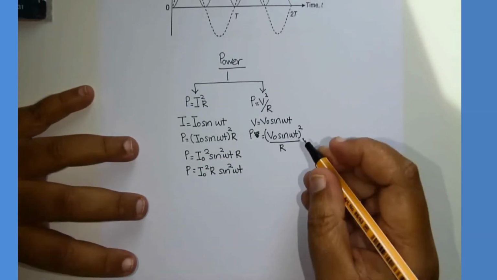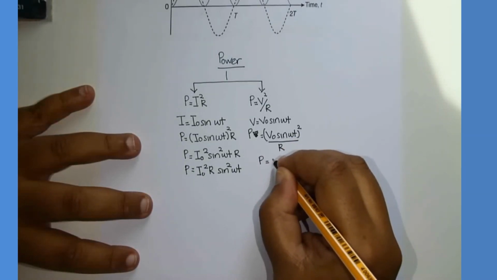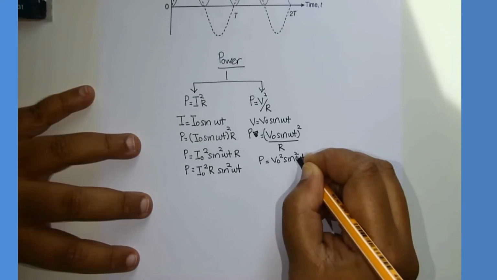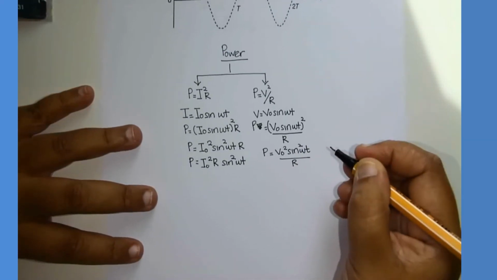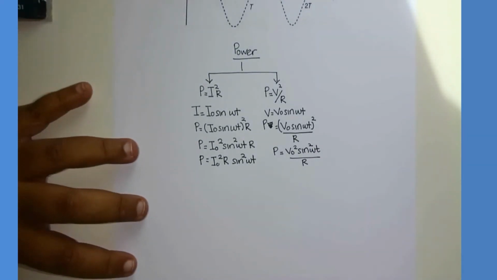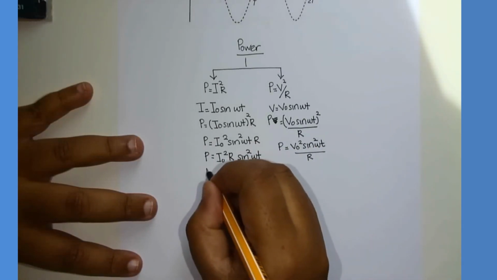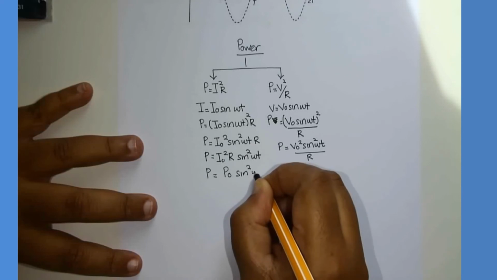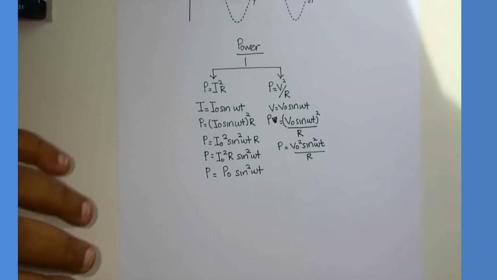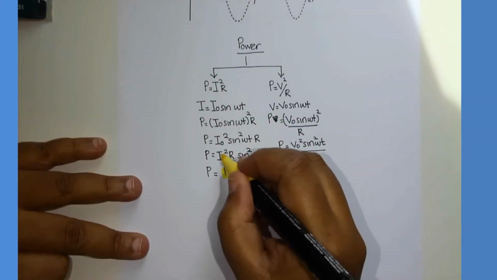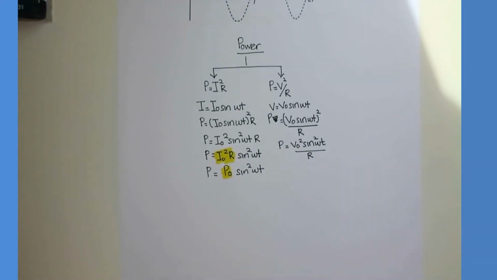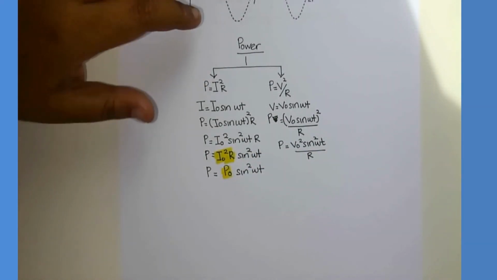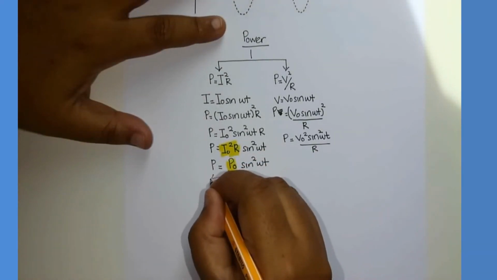Or if I use this formula, I get P equals V naught square sine square omega t over R. So therefore, if I change this, P equals P naught sine square omega t, where P naught is called the peak power.